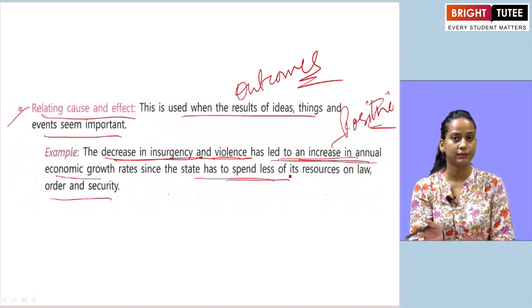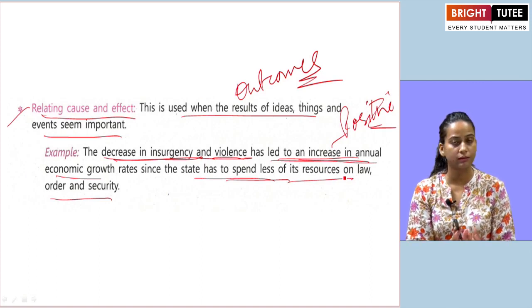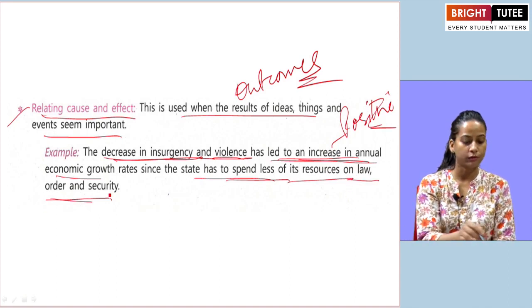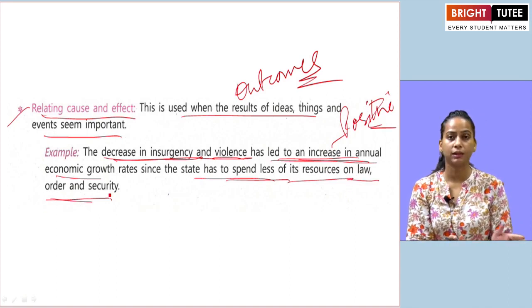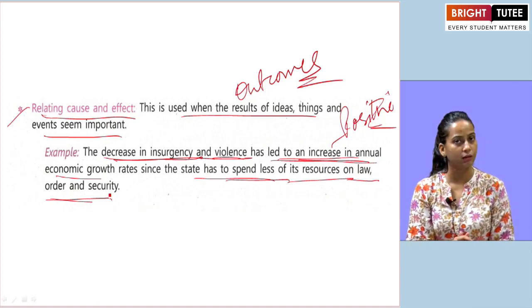The state has to spend less of its resources now on law, order and security, and that is why the increase in economic growth could be seen. So, the cause and effect relation we are going to talk about here. That is another strategy.